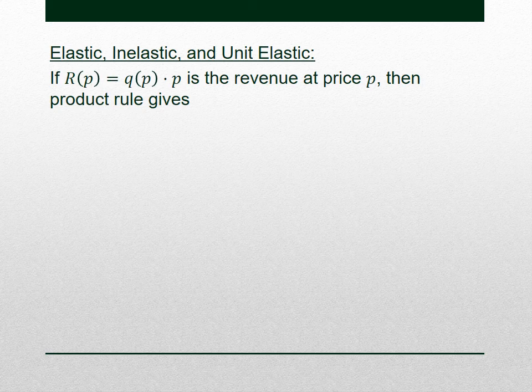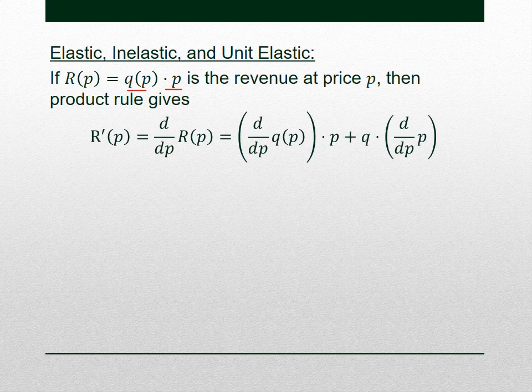Okay, so now let's look at the difference between elastic, inelastic, and unit elastic. What are those? What do they mean? So if R of P, which is our revenue, whenever P is our price, well, that's just the quantity times the price, Q times P. If that's R of P, then the product rule gives all of this stuff for the derivative.